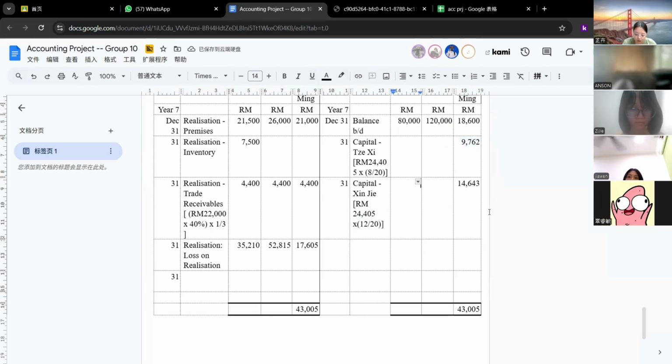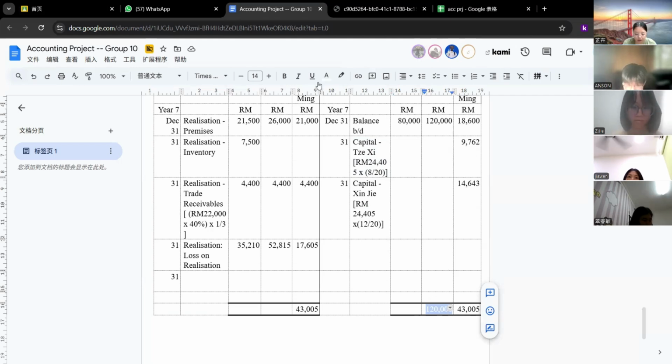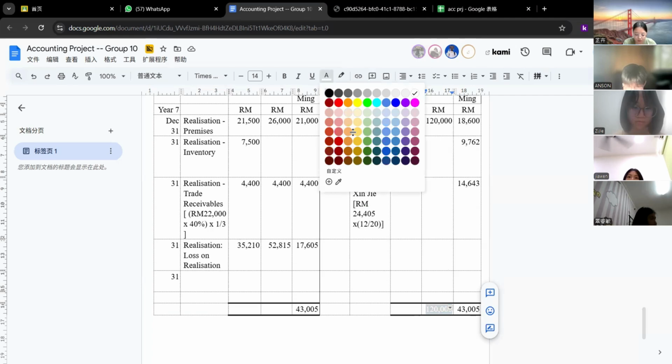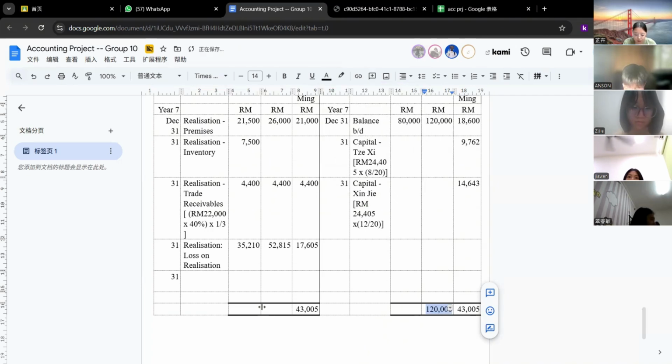Okay, so we need to add up the amount of Zixi and Xingjie on the debit side of the capital account, and then we need to take the respective amount of Zixi and Xingjie of the balance BD on the credit side minus the total amount of Zixi and Xingjie on the debit side.